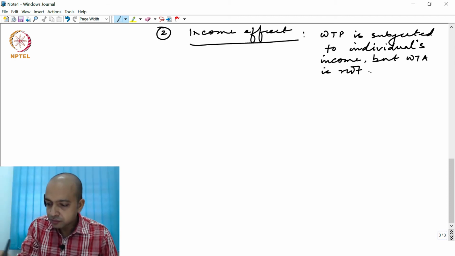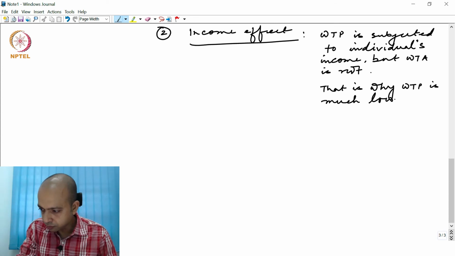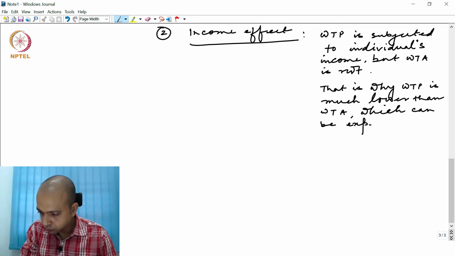Okay, that is why willingness to pay is much lower than willingness to accept, which can be explained by income effect.